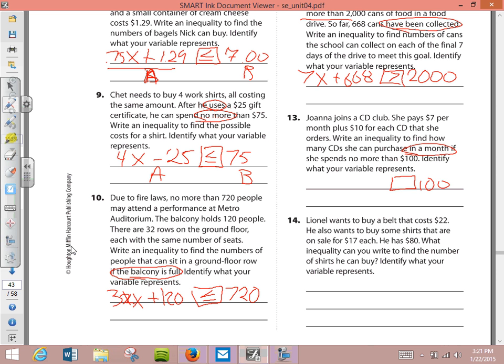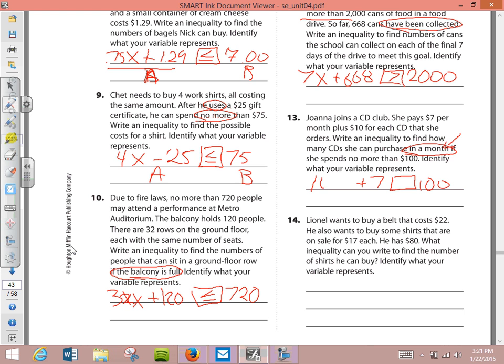7. Why do you think it's 7 per month? But most importantly, because we're not talking about her whole lifetime, we're talking about that 1 month. In that 1 month, she only pays that one time, right? It won't change. What will change? The number of CDs she buys, right?